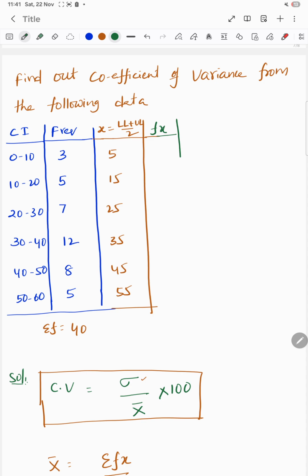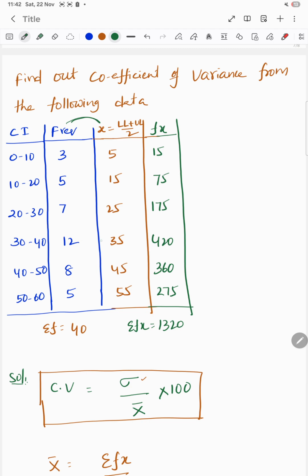But as per my requirement, now I need to apply f into x. F into x means we need to multiply frequencies with x values. So these are the frequencies, these are x values. That means 3 into 5, 15, 5 into 15, 75, and 25 into 7, 175, and 12 into 35, 420, 8 into 45, 360, 5 into 55, 275.